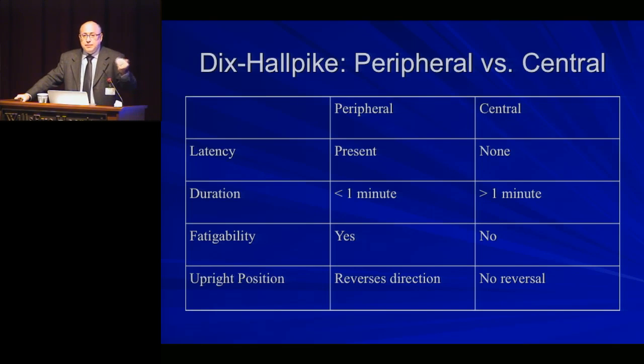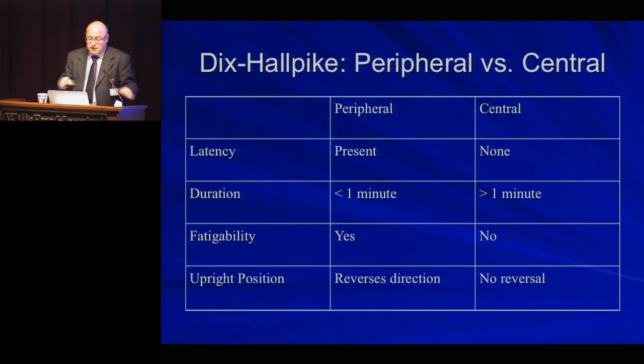Fatigability: if you repeat the maneuver right away with a peripheral vestibular nystagmus from BPPV, it will decrease. You do it a third time, it's gone. With central, it just persists. And if you come back to the upright position, it reverses direction if it's peripheral. So the upbeating eye will now beat down, etc. The central will not reverse direction.